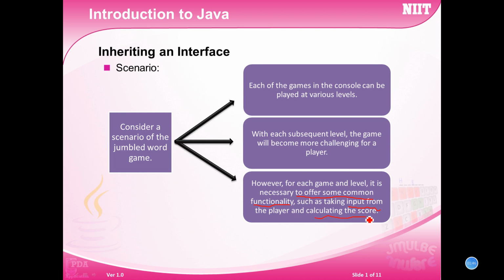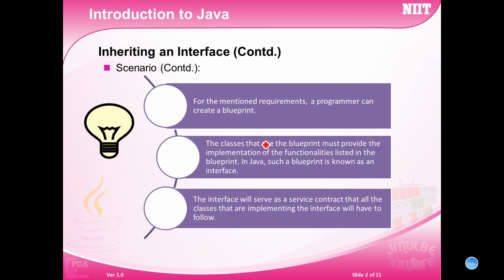This will remain the same for each level of your game. So for this requirement, a programmer can create a blueprint which will have the common functionality, and this blueprint is known as interface.